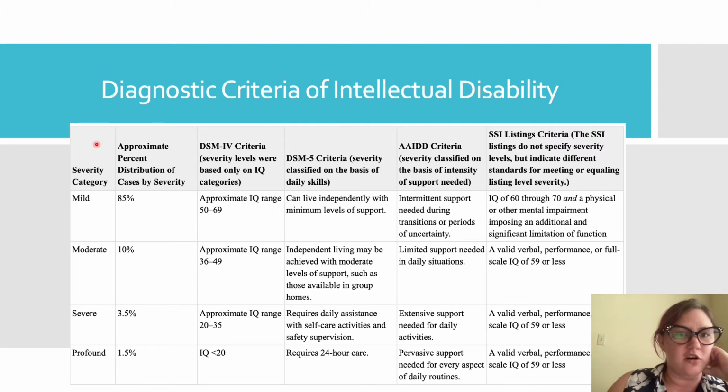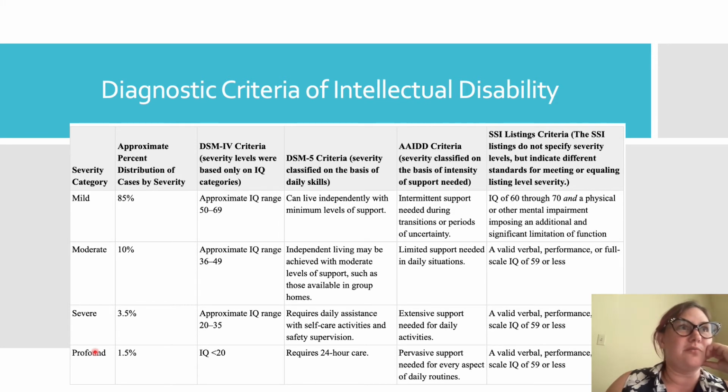So you'll see on this chart that this tells you some information based on severity category. That is an artifact of the DSM-4 TR, which only made these severity levels based on IQ. So it was real simple to look at the IQ test and to see mild, moderate, severe, profound, but it also didn't give us a lot of information about what kind of supports the person needed.